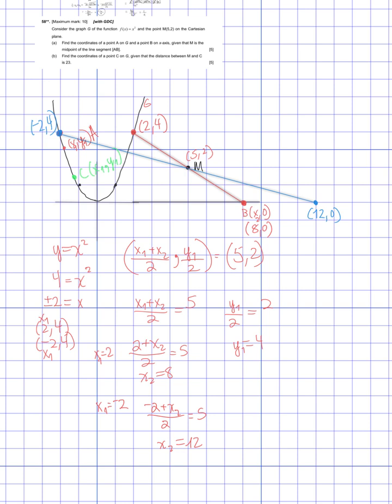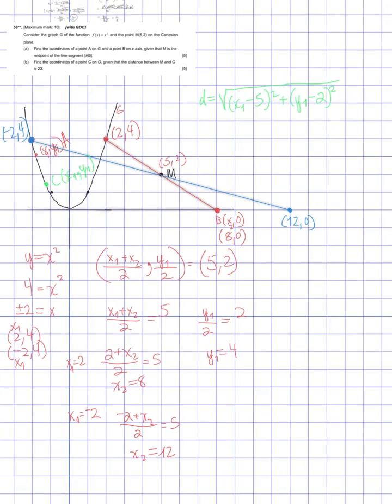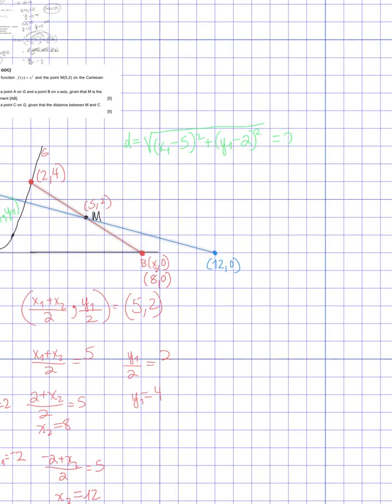All right, so this one's a bit more straightforward, I think, because we'll have the distance formula, and we have the square root of (x1 minus 5) squared plus (y1 minus 2) squared, and that will equal 23.